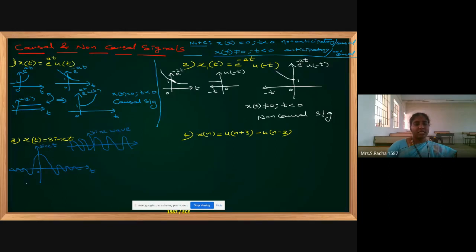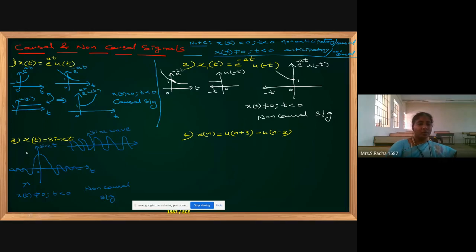If you observe this signal, x of t is not equal to 0 for t less than 0, meaning in the second quadrant the signal is present. So this signal is a non-causal signal.